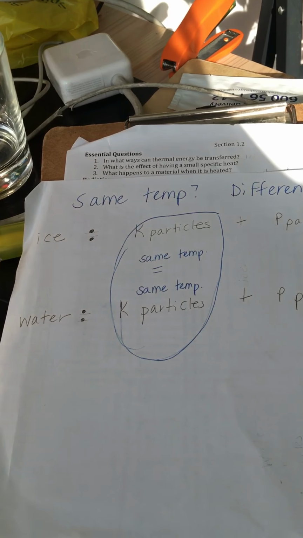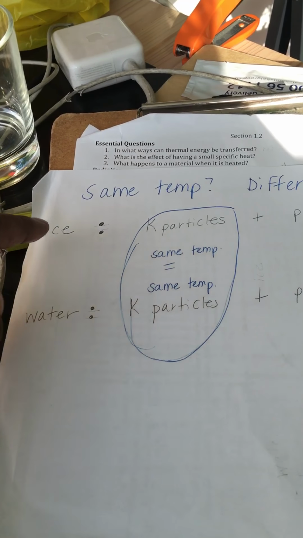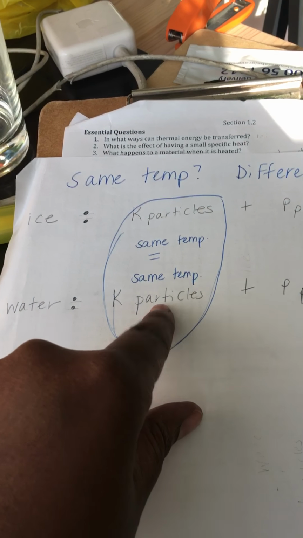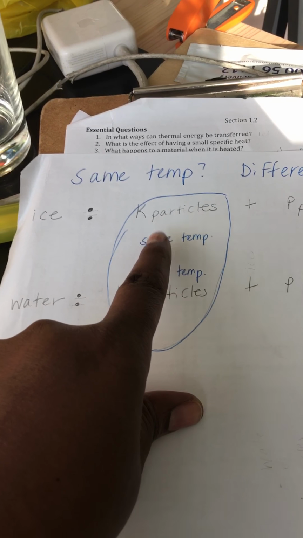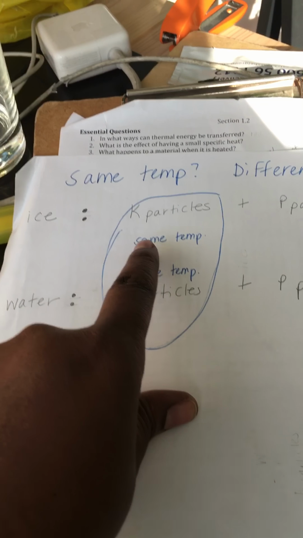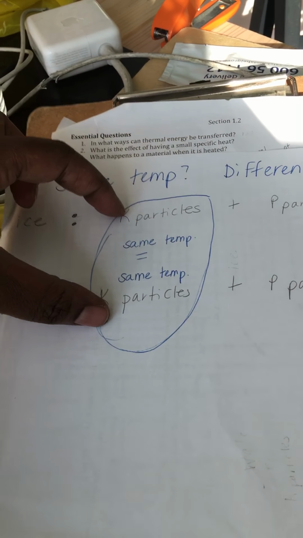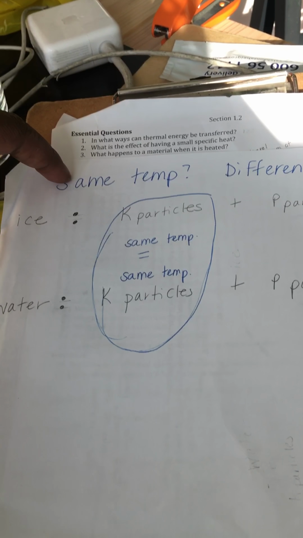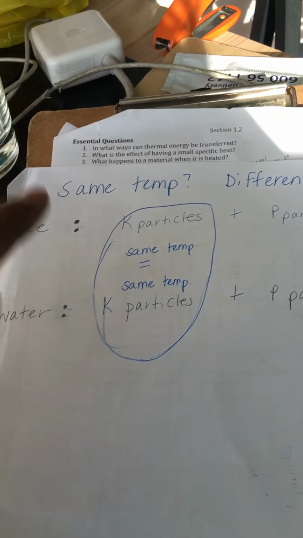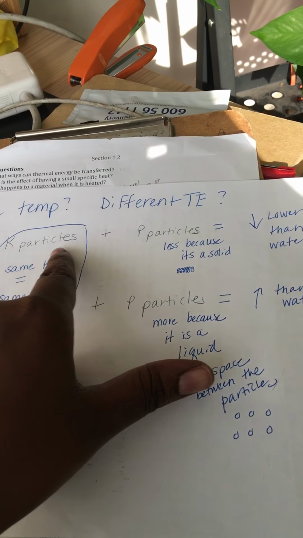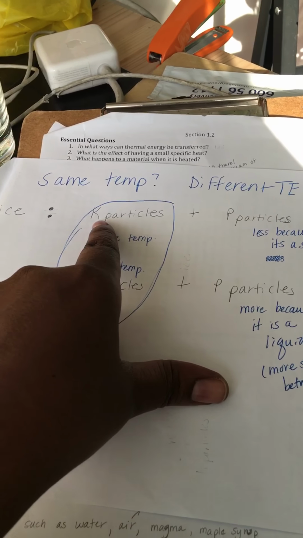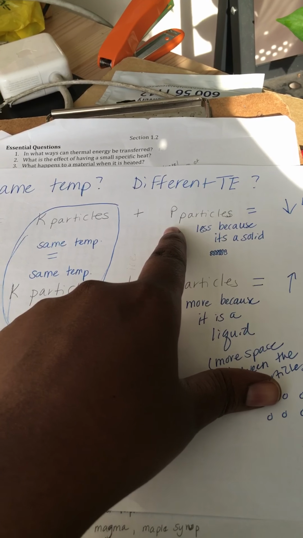So when I have the ice water, and the ice and the water are the same temperature, temperature means that they have the same average kinetic energy of their particles. So these two things could be the same, and they would have the same temperature. But remember, in order to calculate thermal energy, I need two things. I need kinetic and potential energy of the particles.